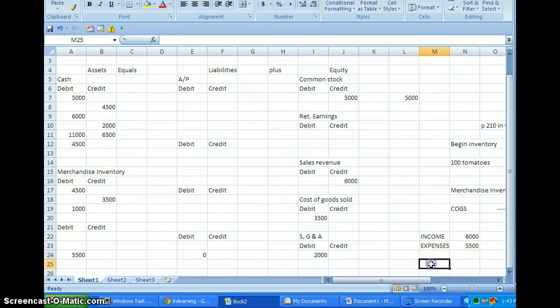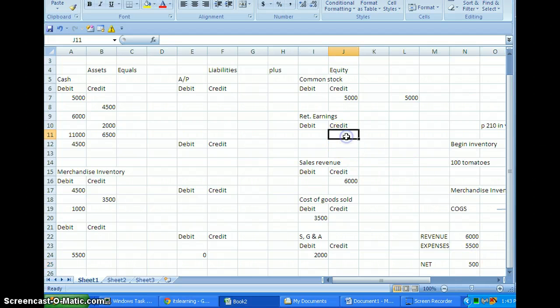So the net is going to be $500. So again, $3,500 for cost of goods sold, $2,000 for SG&A. They made $6,000 in, I'll just call this revenue, and that's net $500.